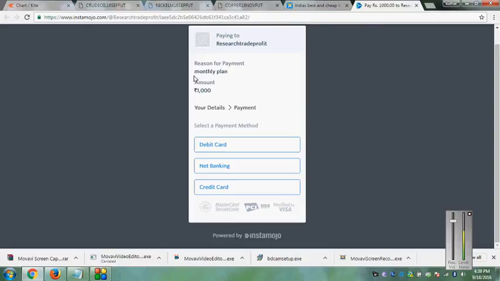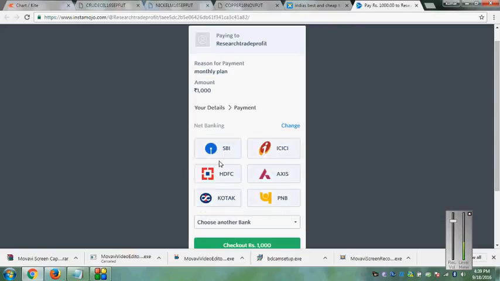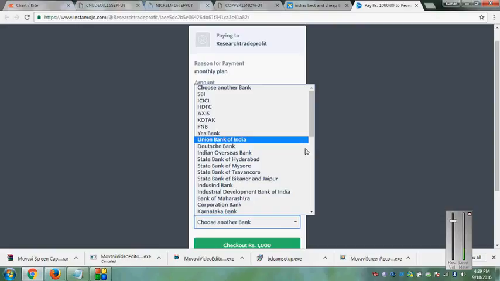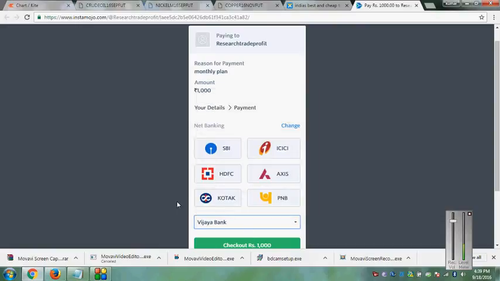This is the reason for payment: the monthly plan of 1000 rupees. You can make a payment through your debit card, net banking or credit card. If you go to any option, it will take you to your bank link. These are the banks we are tied up with. You can check any bank and transfer your funds.